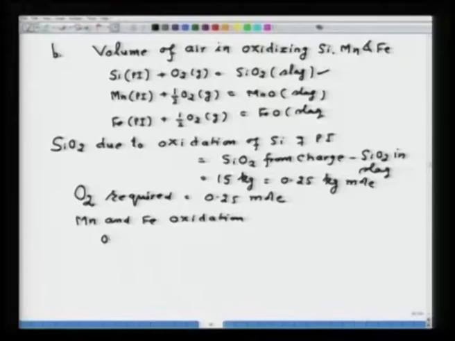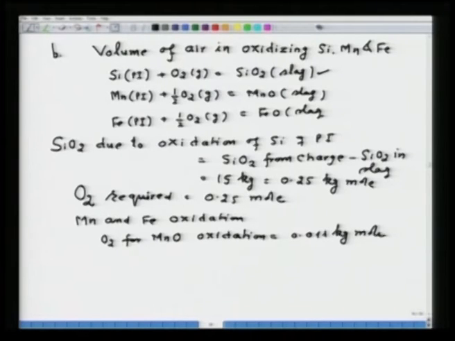So, oxygen for MnO oxidation, I am giving you the values, is equal to 0.011 kg moles, and O2 for iron oxidation comes out to be equal to 0.0156 kg moles.